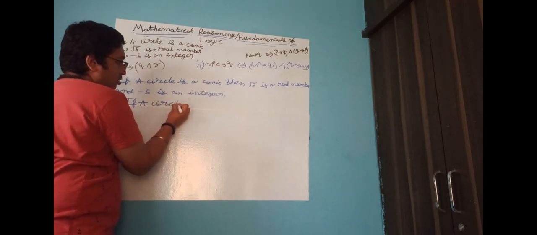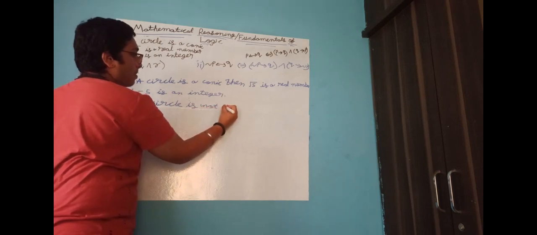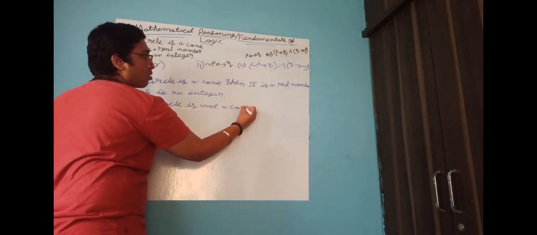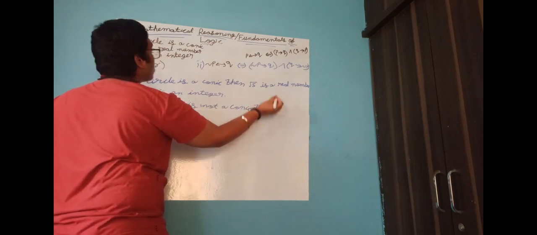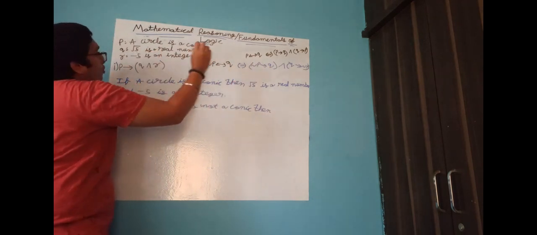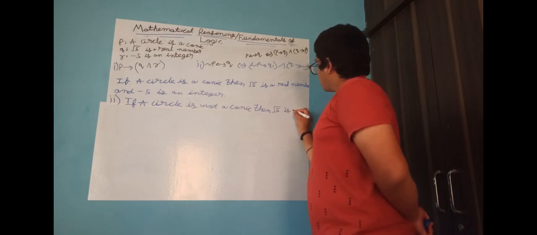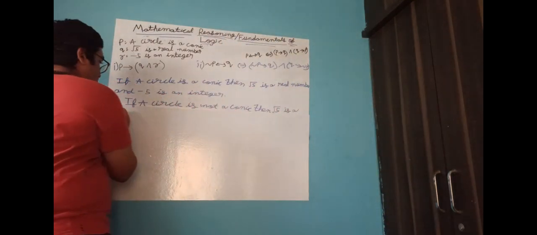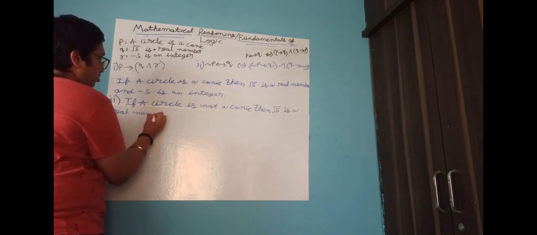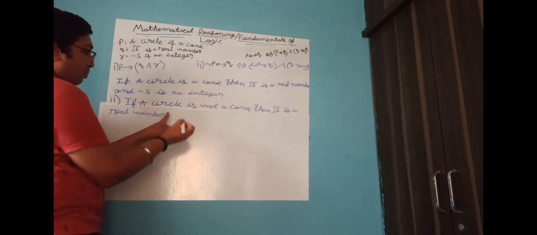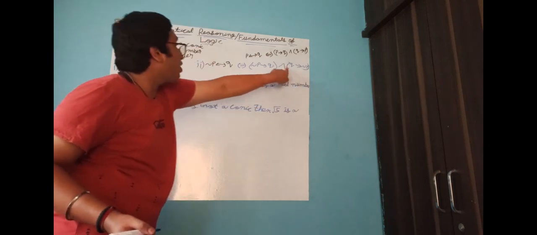If a circle is not a conic, then what is Q? Root 5 is a real number. Then root 5 is a real number. Don't keep a full stop here, it becomes wrong, because since we are splitting here, we still need to elongate this.